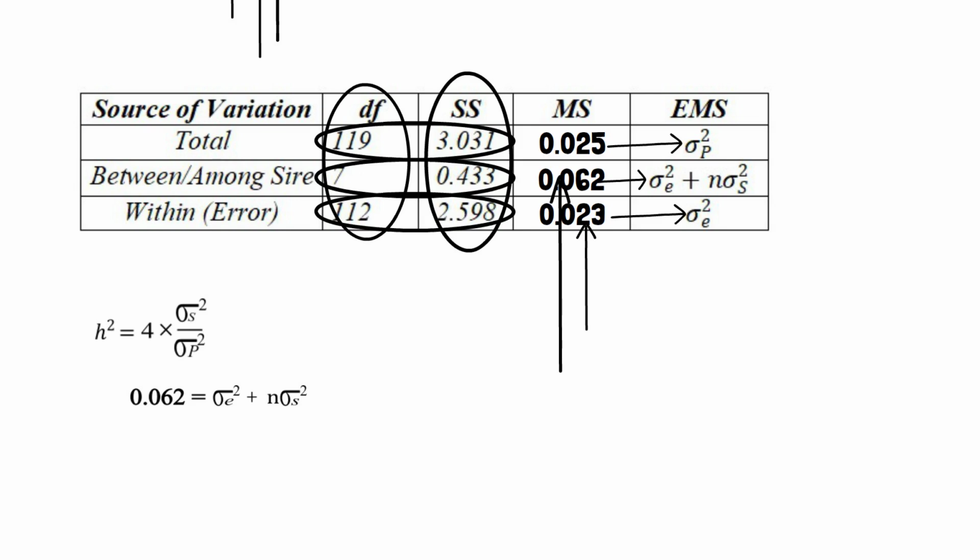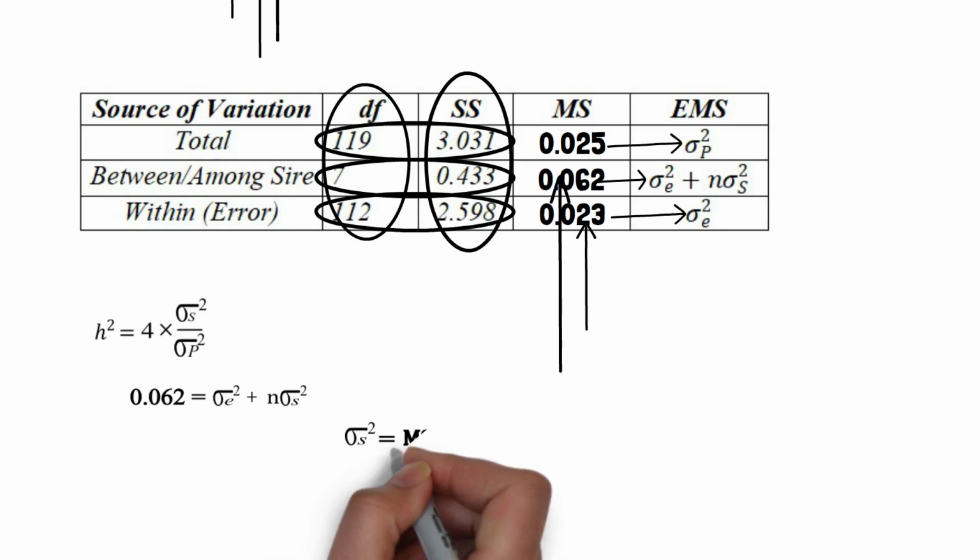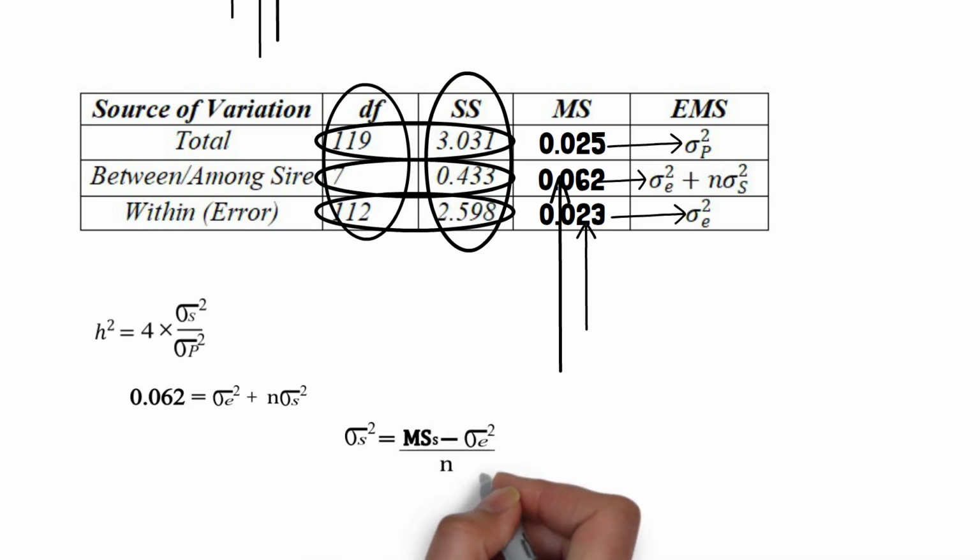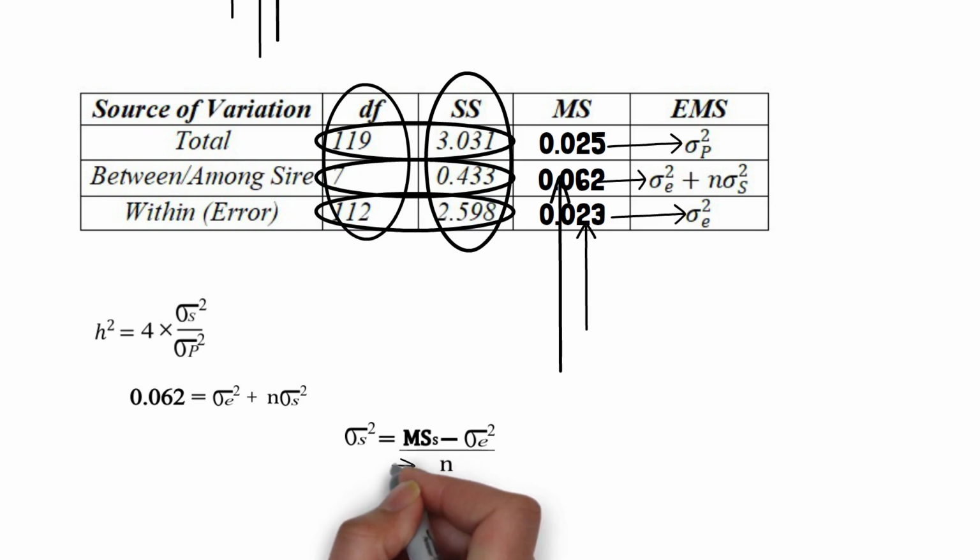Okay, let's not make this complicated. Let's simplify the formula by making the sire variance the subject. The sire variance equals the mean square sire minus the mean square error, divided by n. N represents the number of progeny, here in our question is equal to 5.